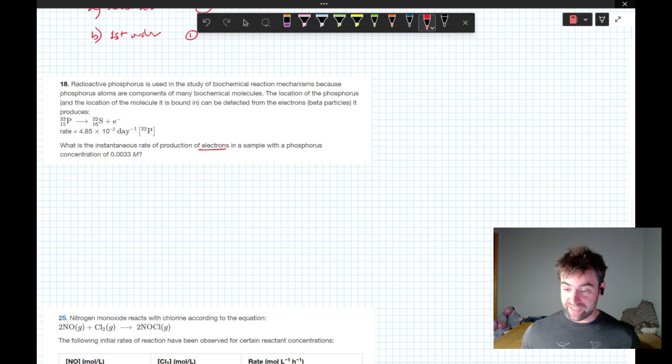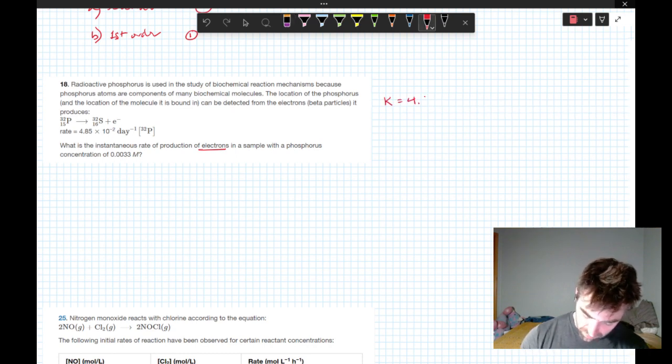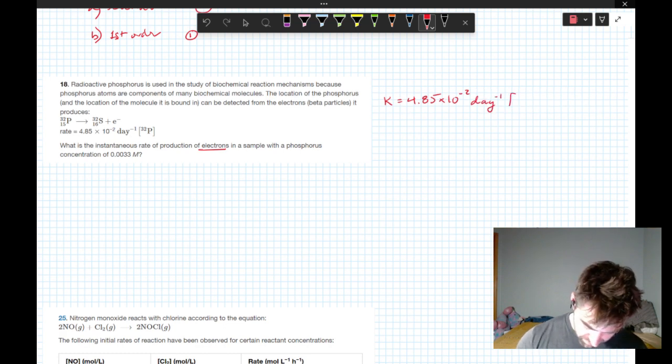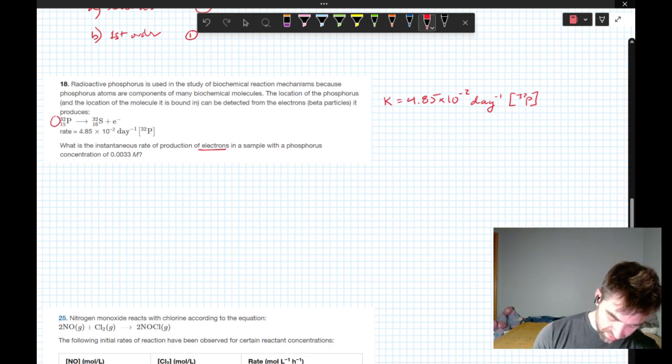Well, this is great. We're already given our K constant, which equals 4.85 times 10 to the negative 2 per day, per concentration of phosphorus. So looking at our balanced equation, there are no stoichiometric coefficients.